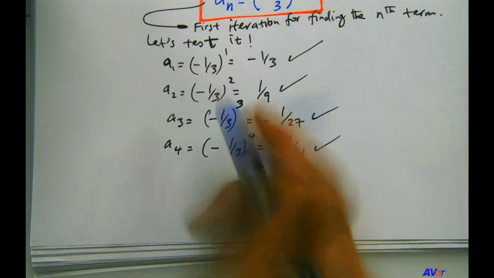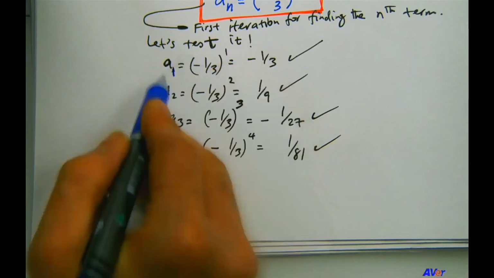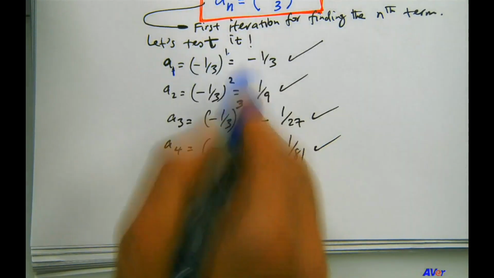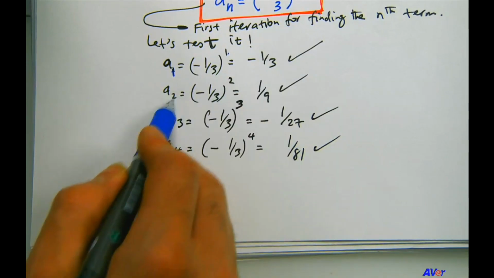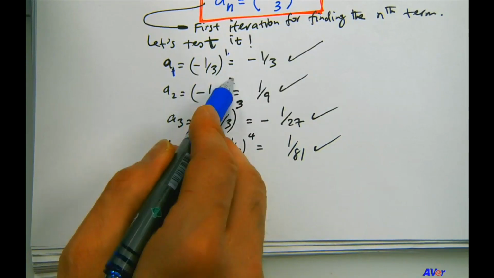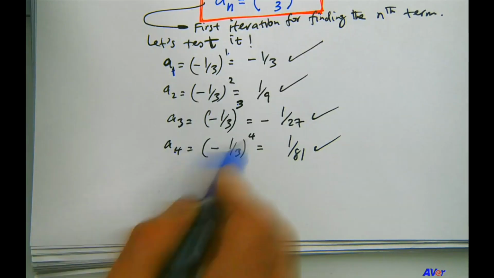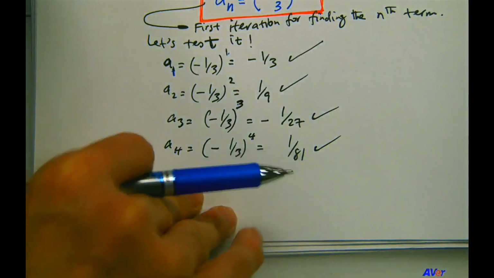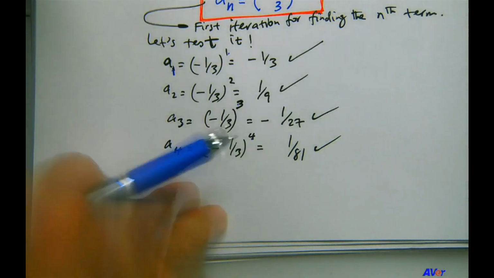So you can see clearly that there is a connection between the location of these numbers in the sequence and the value of the number in the sequence. The second number is the second power, the third number becomes the third power, the fourth becomes the fourth power. Okay? All right. So let's see another example.